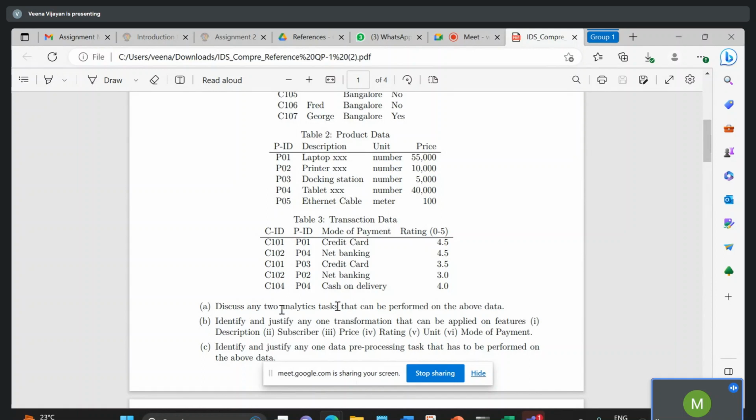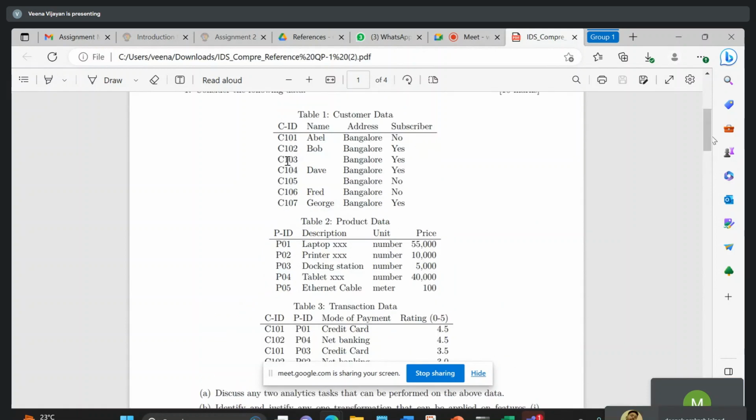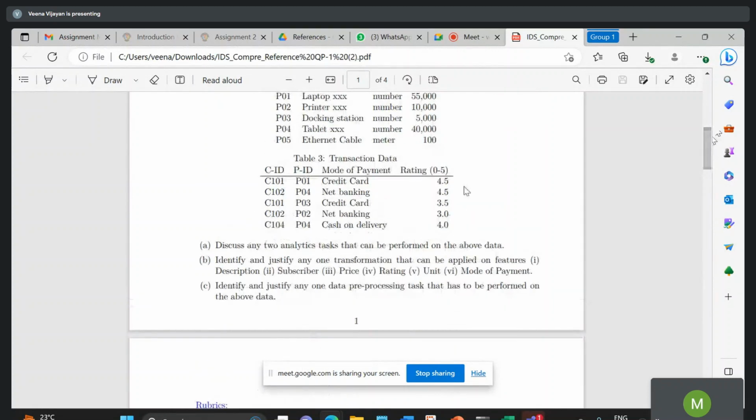It's laptop price, what products these people have purchased. We have the customer information: customer name, address, and whether that person has subscribed or not. Product information has the product and pricing unit. And transaction data, how they have done the transaction, and there is a rating also.